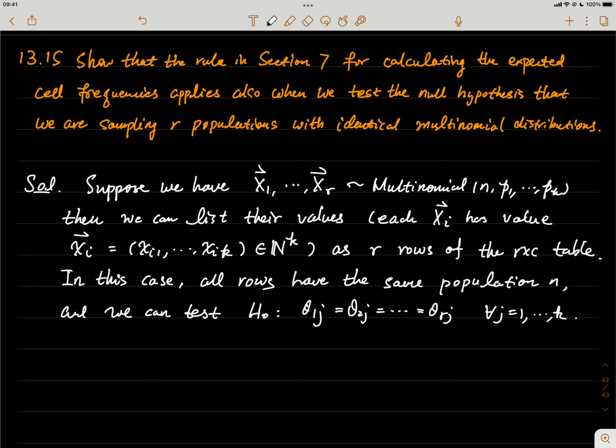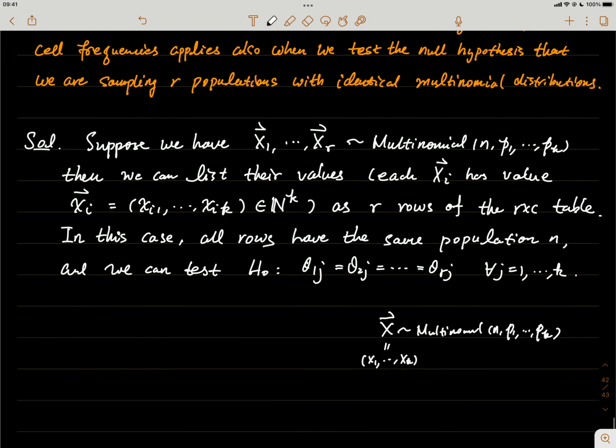We basically have, if x is following the multinomial with n and p1 through pk, this x has just k components, x1 through xk. Each of these is an integer between 0 and n. The sum of them should be equal to n.